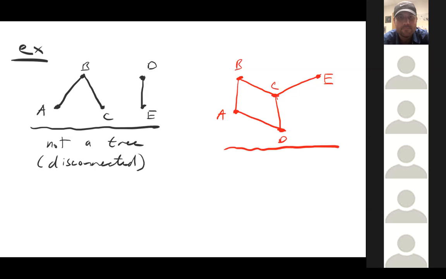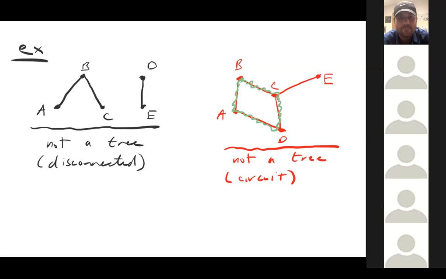But think of it even simpler than that. This is not a tree, and the reason it's not a tree is because it has a circuit. What's a circuit? A circuit is when I can start at a vertex and make a path that brings me back to it. Isn't that a circuit I just drew right there, with the green?